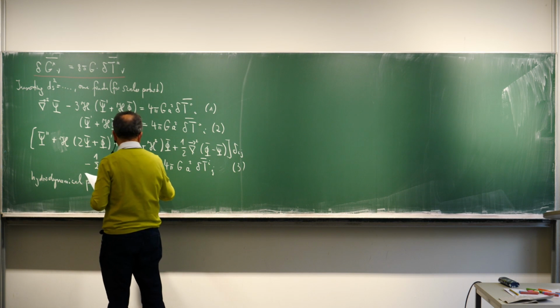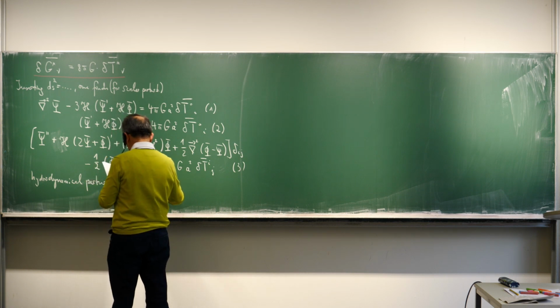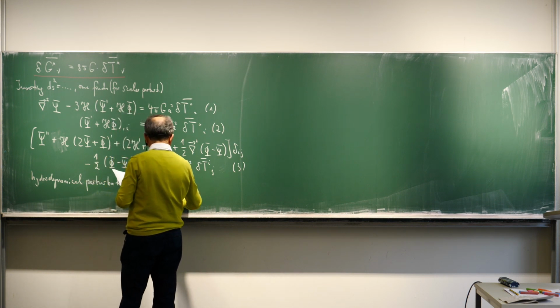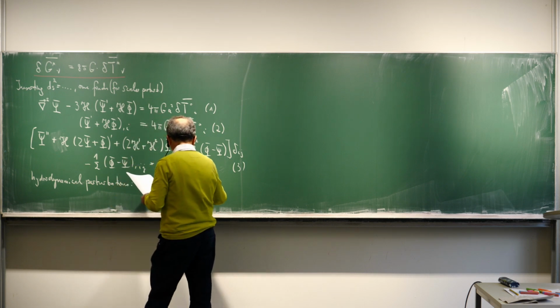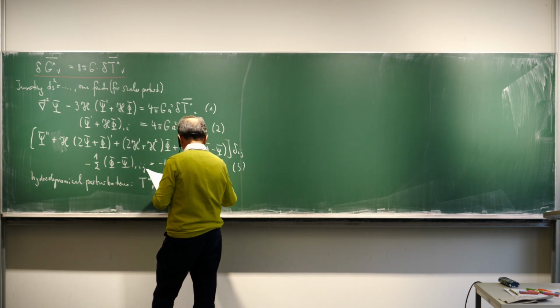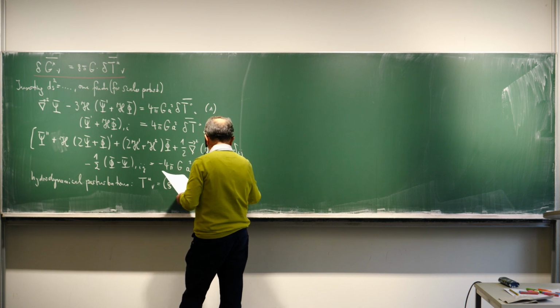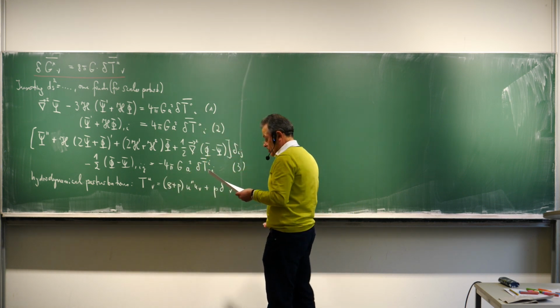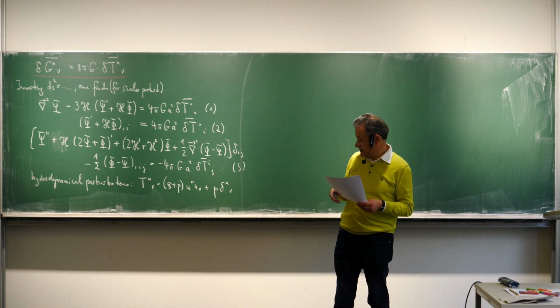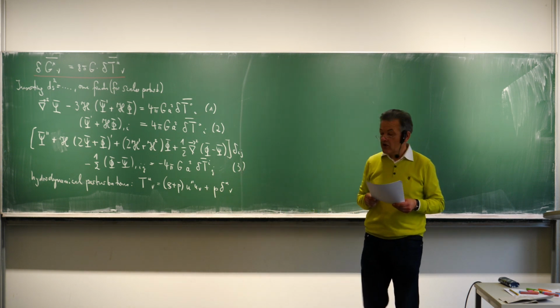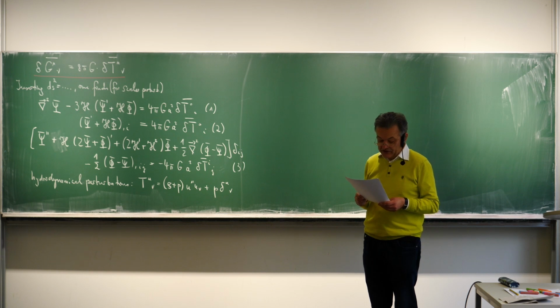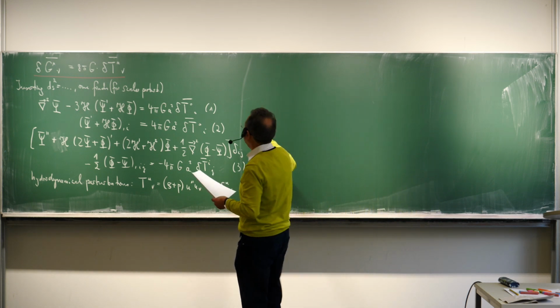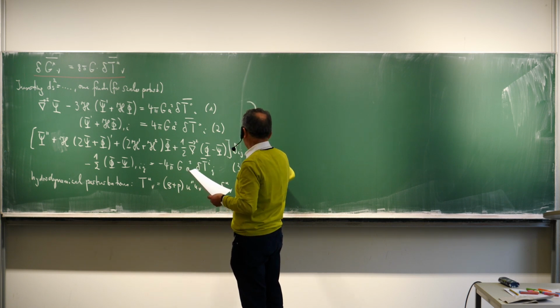So we use the form that T mu nu, the full T mu nu, is (rho plus P) u mu u nu plus P delta mu nu. Okay, so if you have this, calculations then show that capital Psi is equal to capital Phi, and that we can simplify these three as follows.